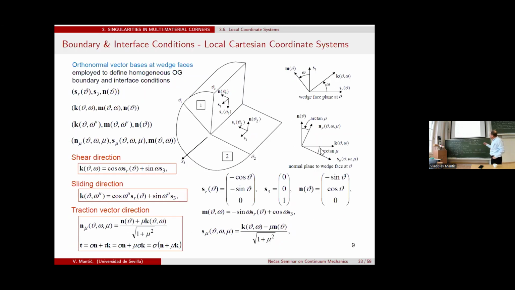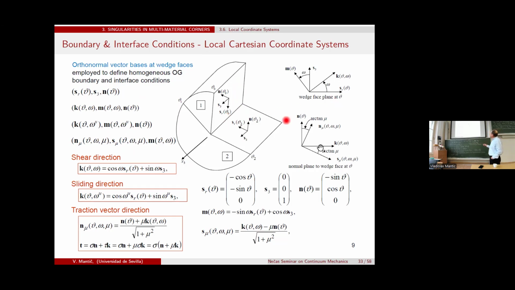I will just move directly to the definition of the local Cartesian coordinate system to be able to write these boundary conditions and interface conditions in a linear fashion. We need to introduce this local coordinate system on each face or interface.